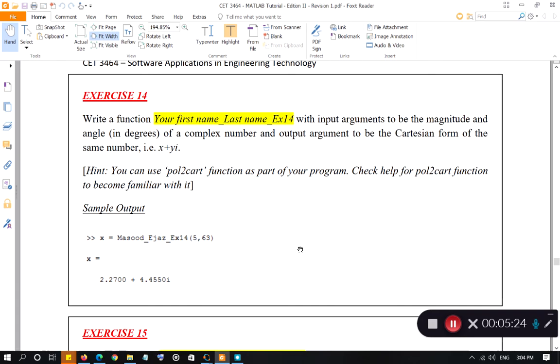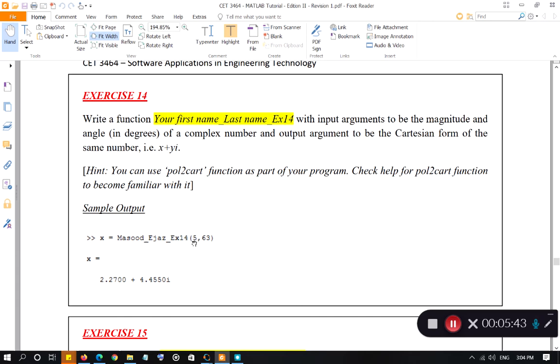So you have one output variable and two input variables, and a sample output is here. I'm calling the function which I saved with my name, my output variable is x, and the input variables are magnitude and angle in degrees.